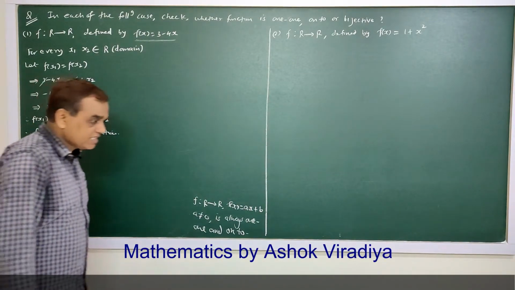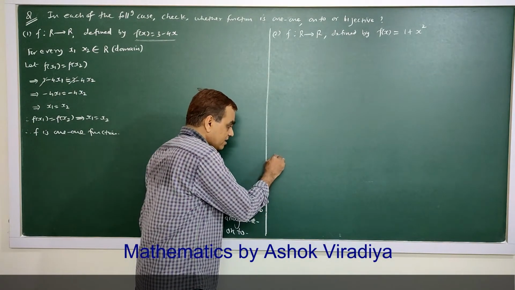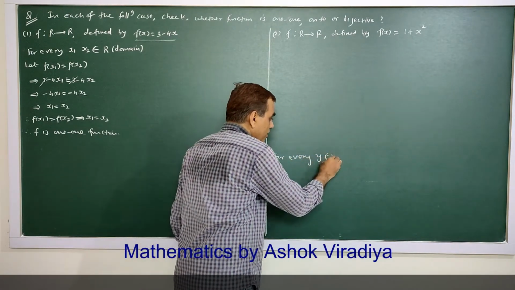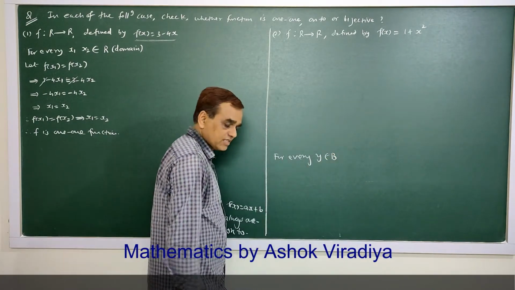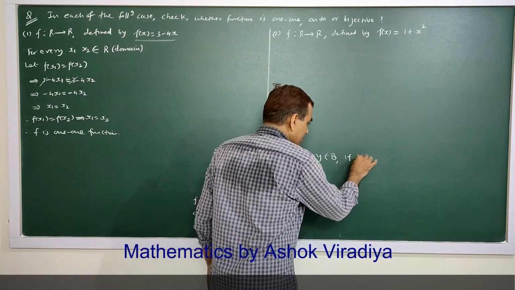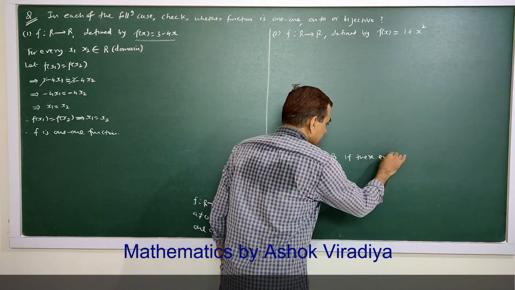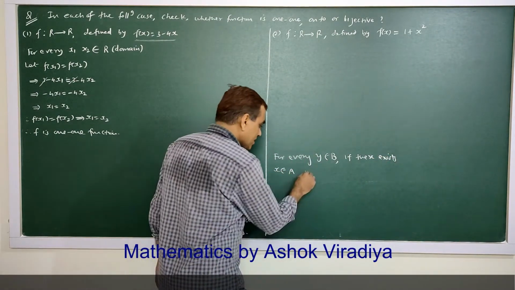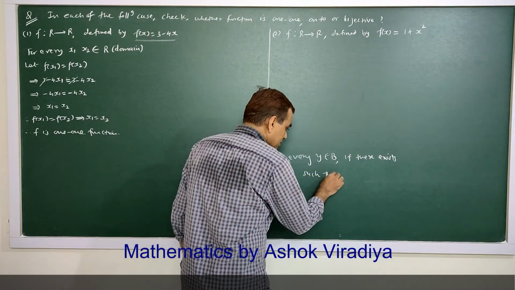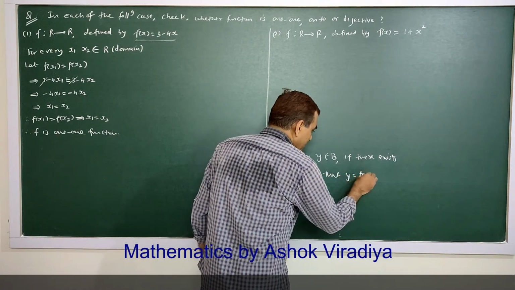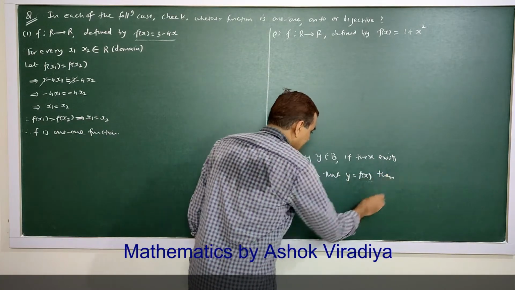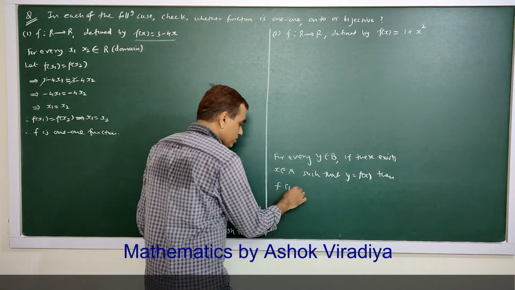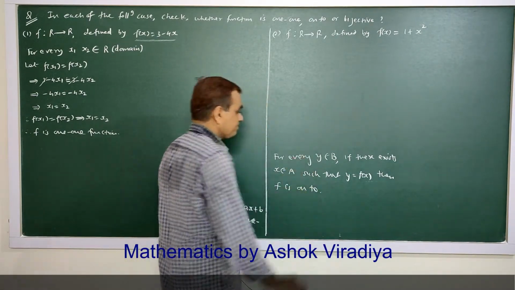For onto-ness, we shall prove that for every y belonging to B, B meaning the codomain, there exists x belonging to A such that y is the image of x under f, then this function is said to be an onto function.